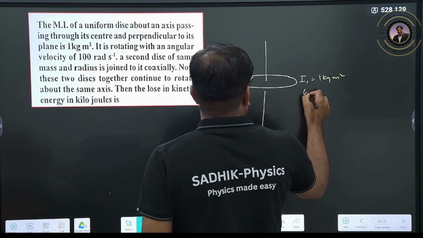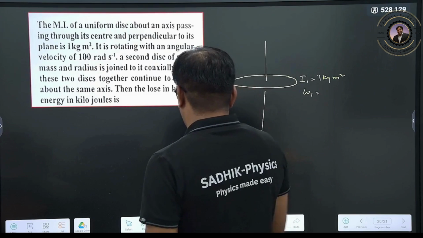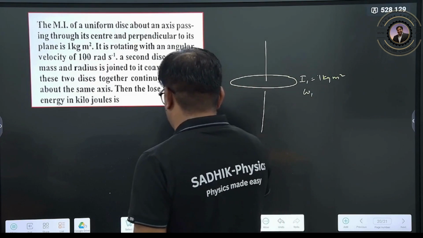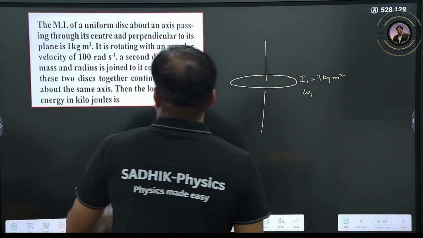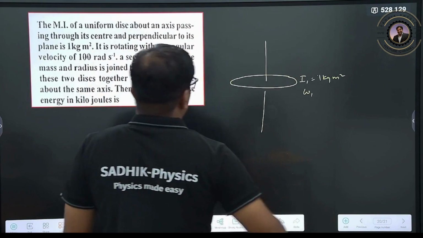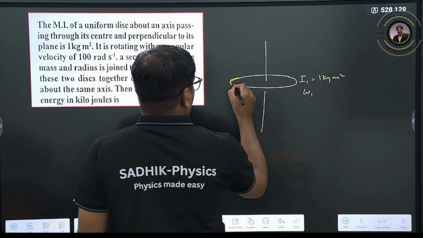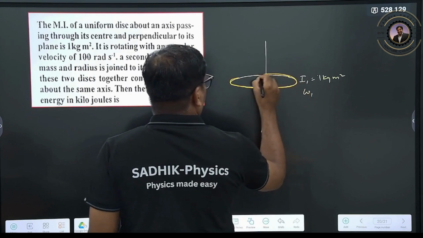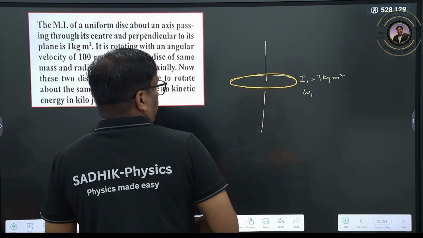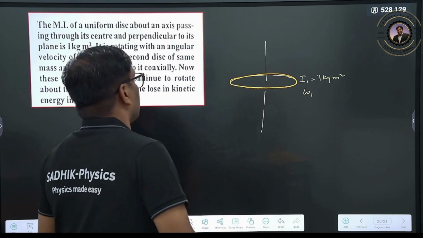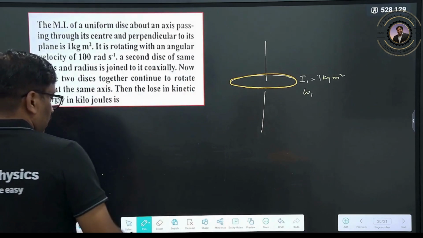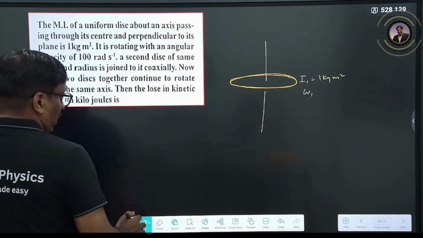It is rotating with an angular velocity omega 1, and one more disc of the same mass and same radius is joined on top of it. Now we want to calculate the loss of kinetic energy. They stick together and rotate with the same angular velocity.